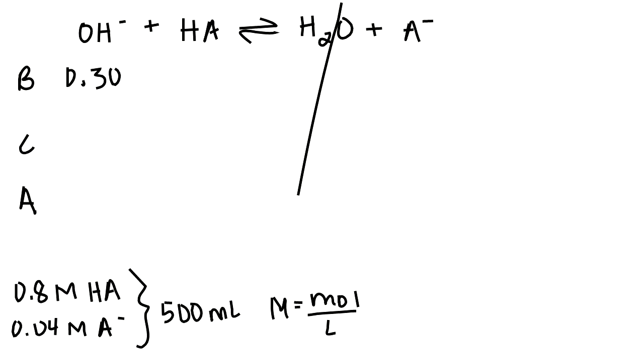So 0.8 times 0.5 means that for our acid, we have 0.4 moles. And for our base, it's 0.04 times 0.5. So that is 0.02.